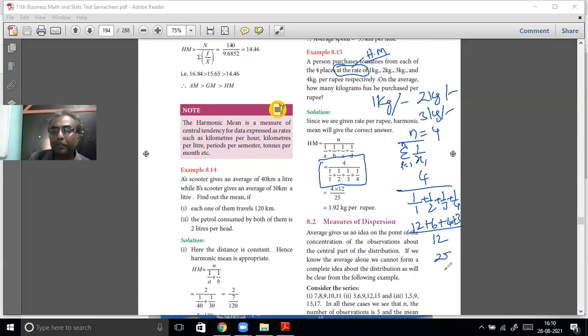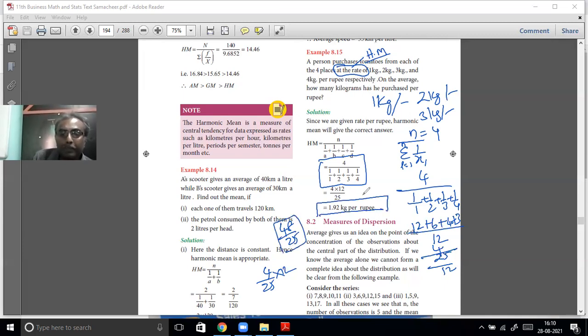So 25 by 12. 4 divided by 25 by 12; instead of that, you do 4 by 25 into 12. 4 into 12 is 48, so 48 by 25, which is equal to 1.92 kg per rupee. You got it? Very simple. That is your harmonic mean calculation.